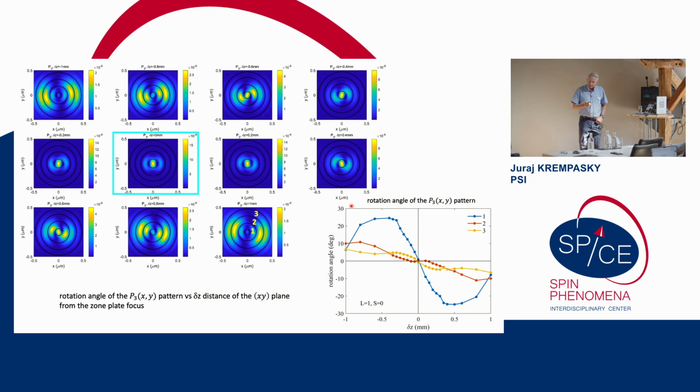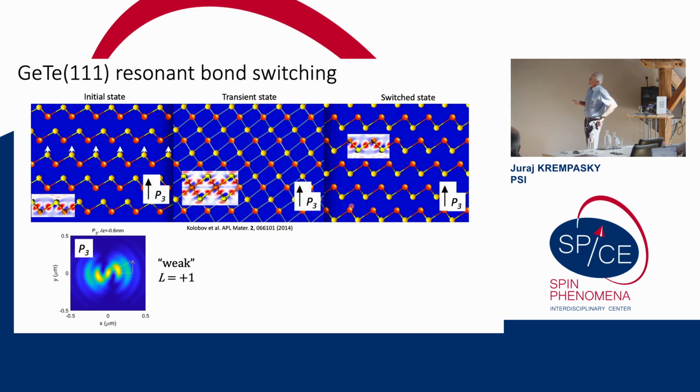All right, now let me very quickly show how this polarization change works in the material. Germanium telluride is a special ferroelectric. This is an electronic ferroelectric, not an ionic one, like for instance barium oxide. And the switching is pretty well understood as a resonant bond switching between tellurium and p orbitals.